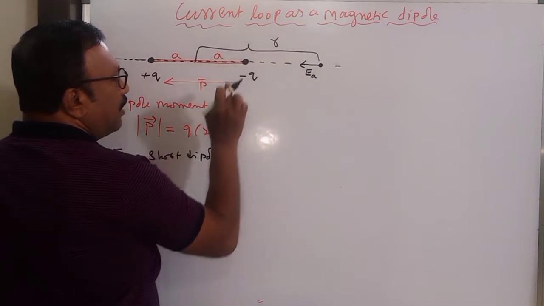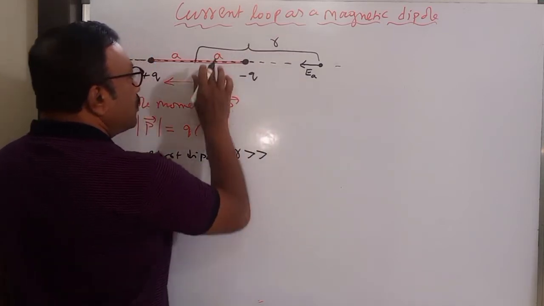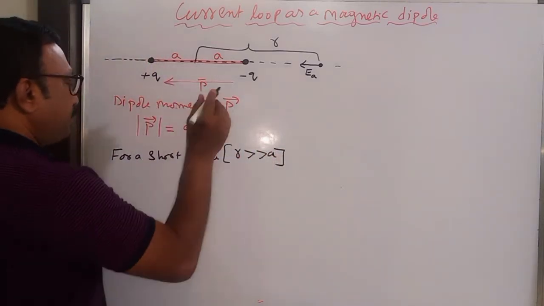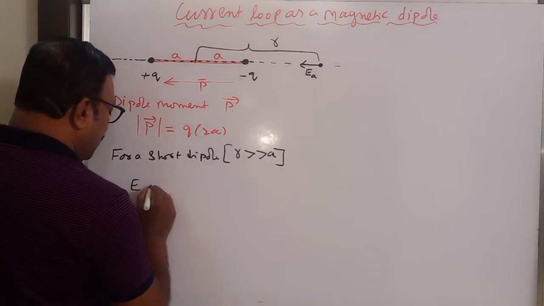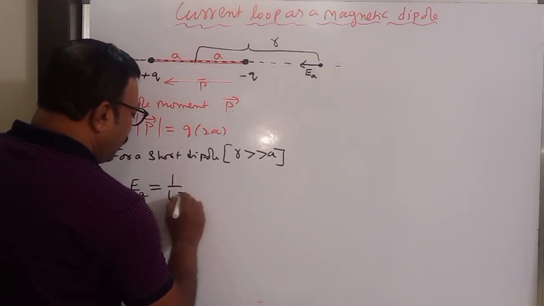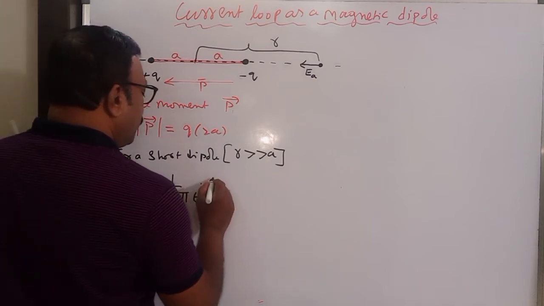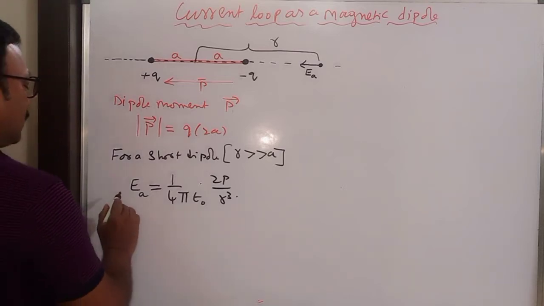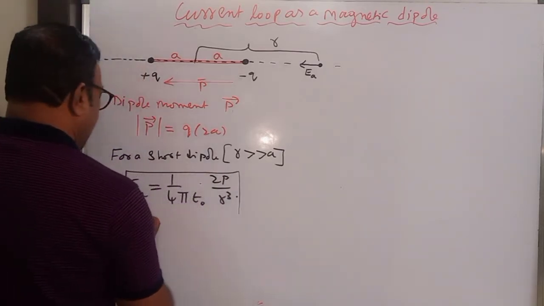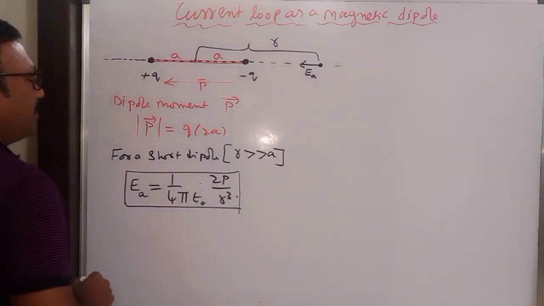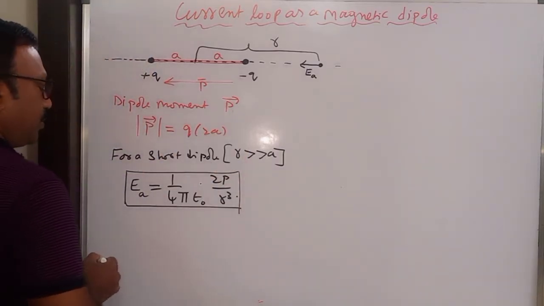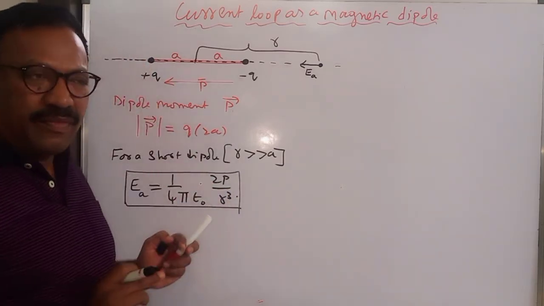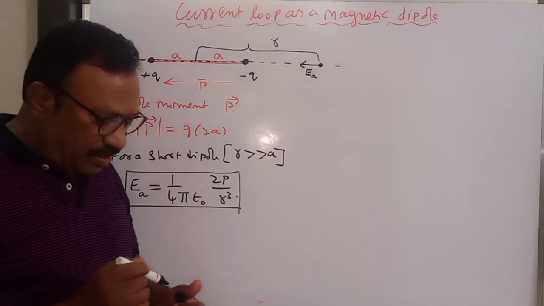This distance r is very large compared to small a. Then you will call it a short dipole. Then the electric field at this point is given by 1 by 4 pi epsilon naught into 2p divided by r cube. So this is the electric field on the axial line at a distance r from the center of the dipole, whose dipole moment is q into 2a. So this information is required for our discussion. Anyhow, it will be a small revision for you. I think you don't mind that.